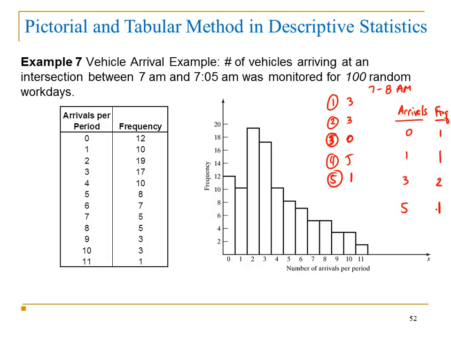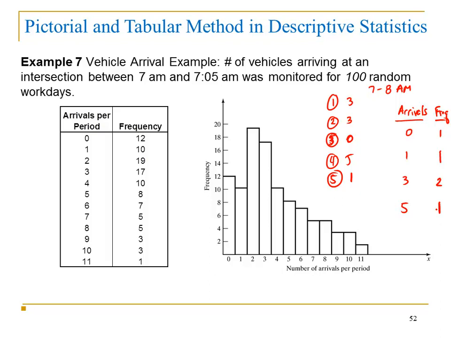So for 100 days, you were basically counting the number of cars that crossed that intersection from 7 to 7:05. And you have the number of arrivals that you observed, from 0 up to 11. And this is the frequency.